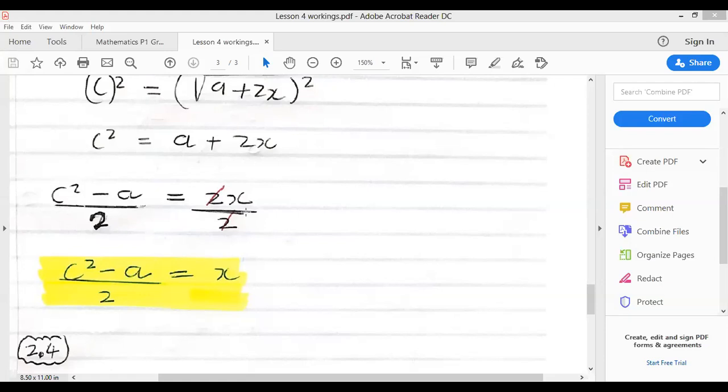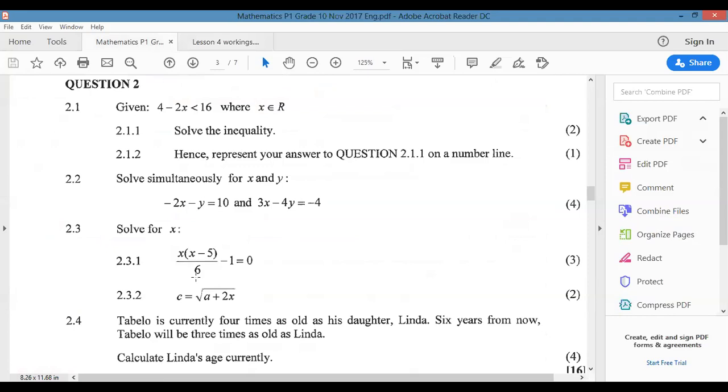Please be specific, Miss P. When you say previous sum, which one? There are so many previous sums we did. I'm just going back to the actual question. We started from 2.1. Please be specific which one, guys.